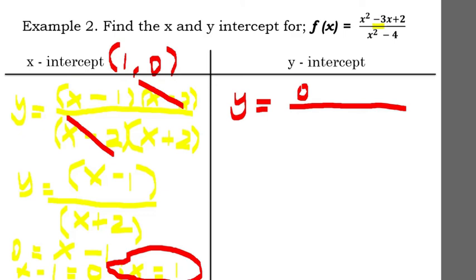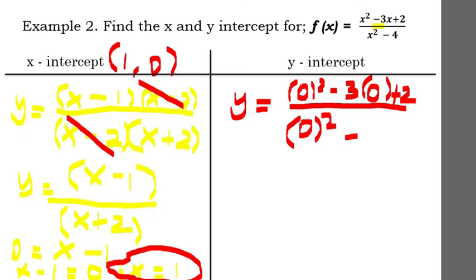So x squared becomes 0 squared, minus 3 times 0, plus 2 over 0 squared, minus 4. Okay, so 0 squared is equal to 0.